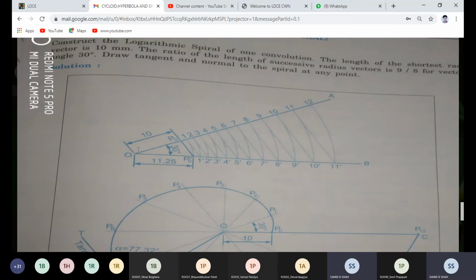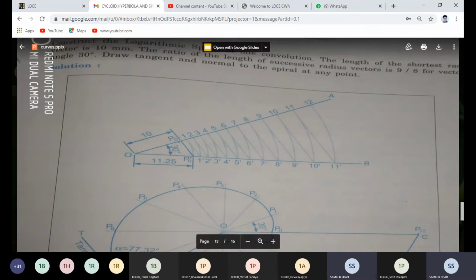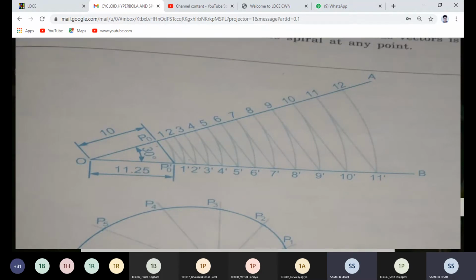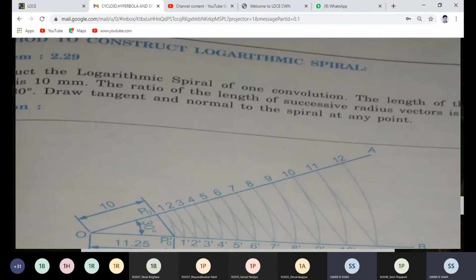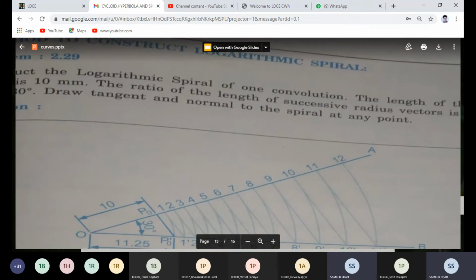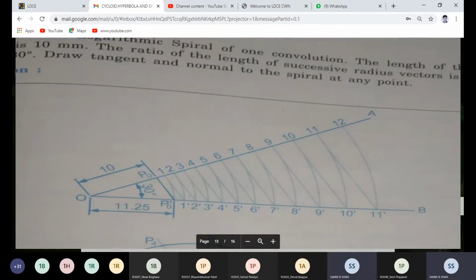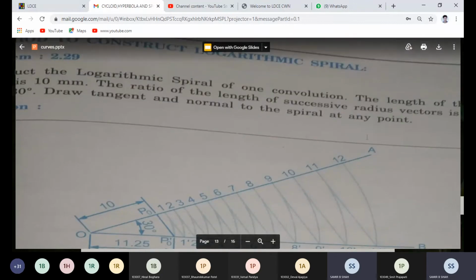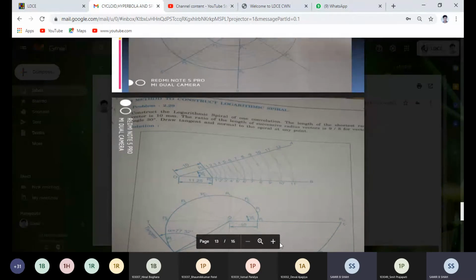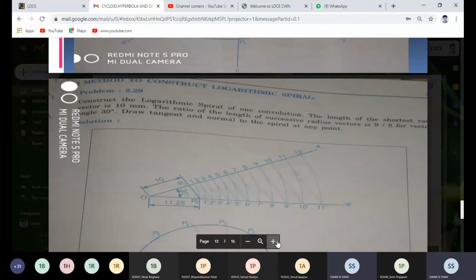Now mark the point P0 on the line OA at a distance of 10 mm from the point O. Now mark the point P0 dash. How? It is given in the data that the ratio of the length of successive radius vectors is 9/8 for the vectorial angle 30 degree.